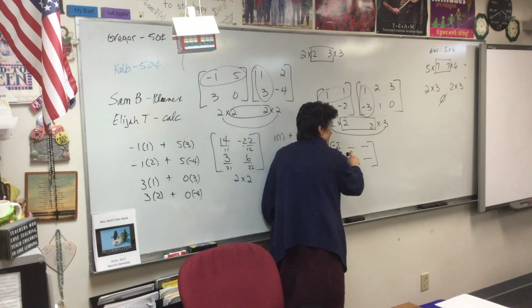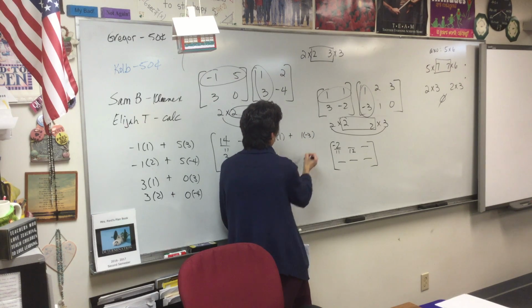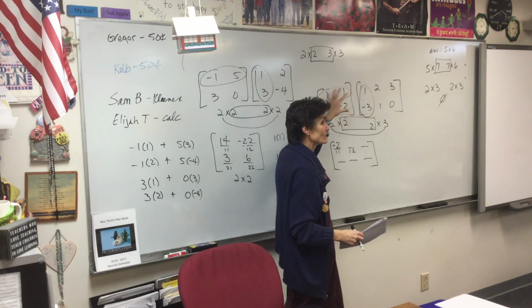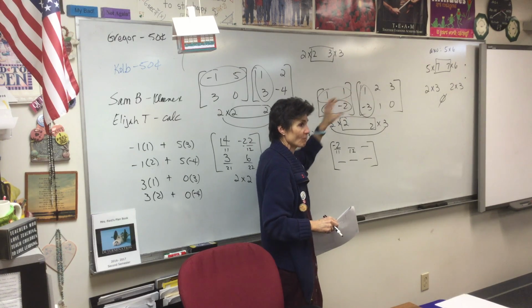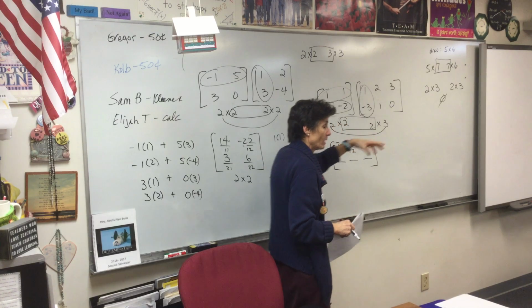Now, what spot is this? Row 1, column 2. So you're going to multiply row 1 times column 2. Remember, I circle these to remind myself, the rows come from the first matrix, the columns come from the second one.